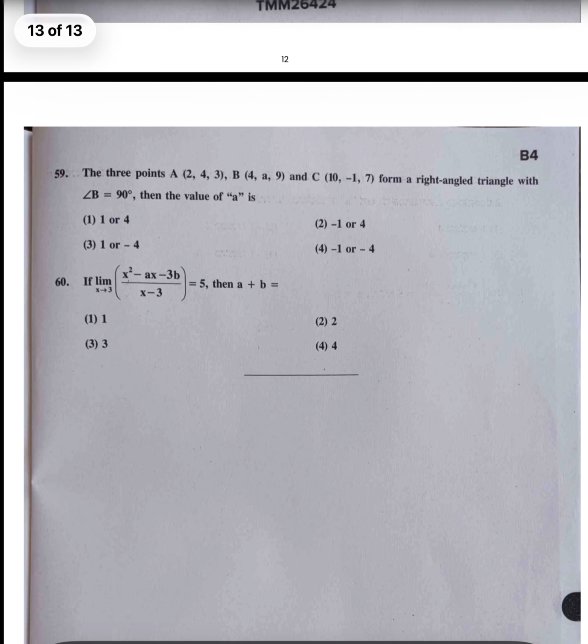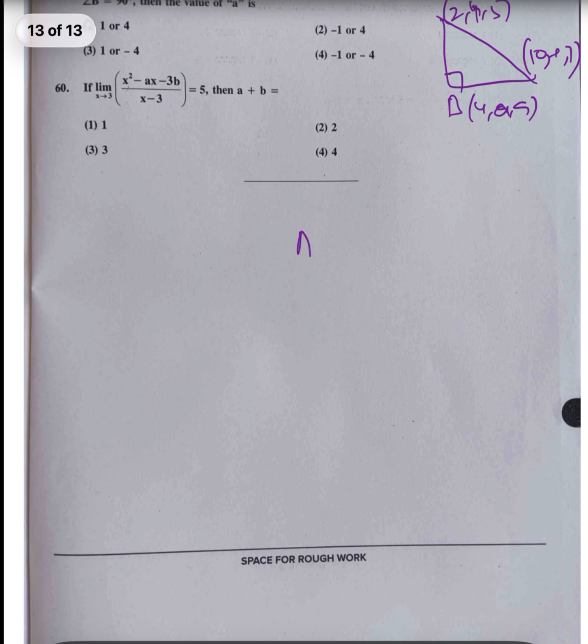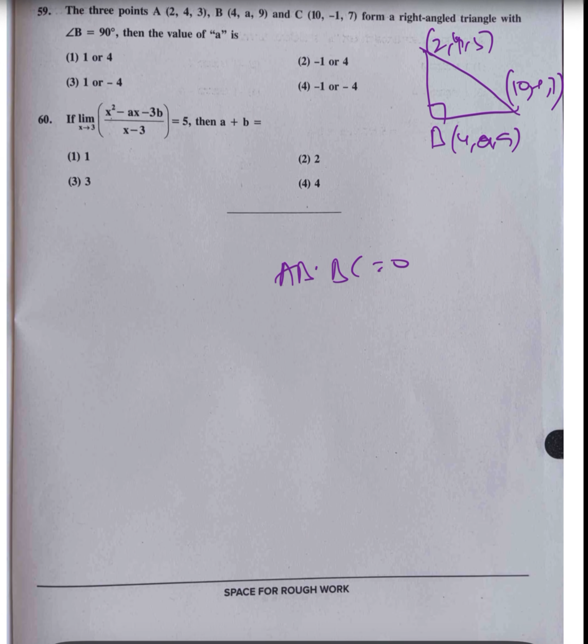Now this one also, if it is a right angle triangle at B, 4 comma a comma 9, here 2 comma 4 comma 3, here it is 10 comma minus 1 comma 7, I can say that AB dot BC equals 0, dot product. So coming to this dot product, what will we get?